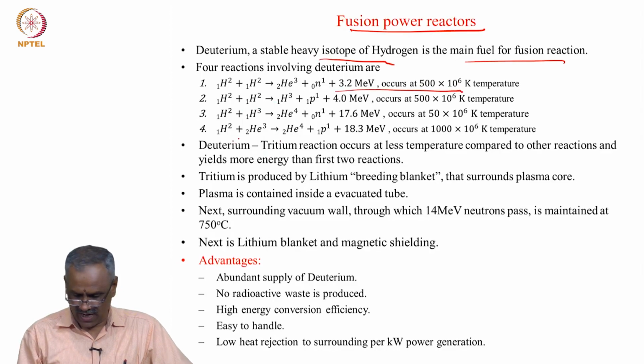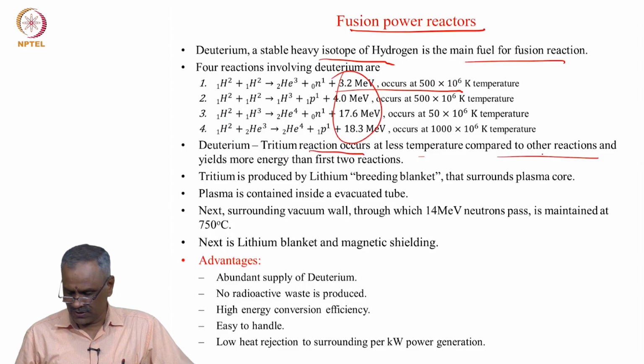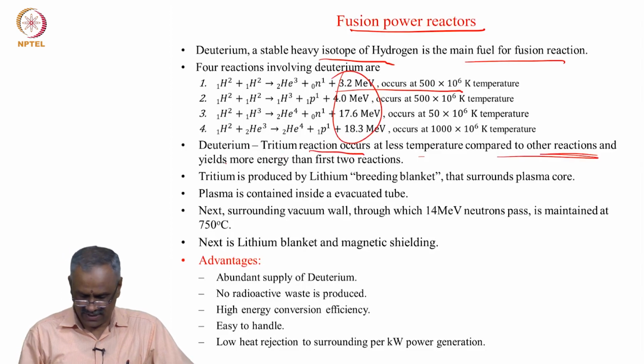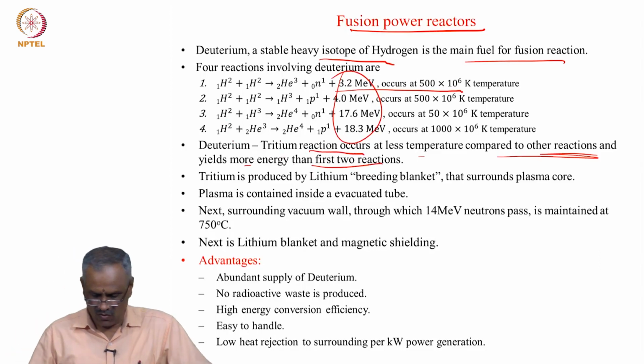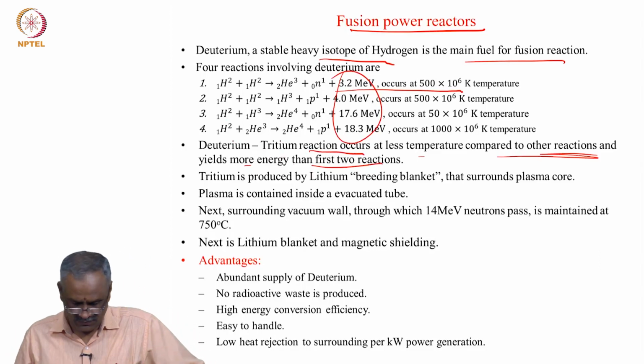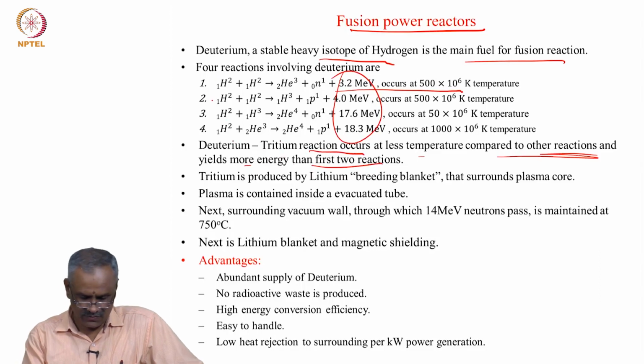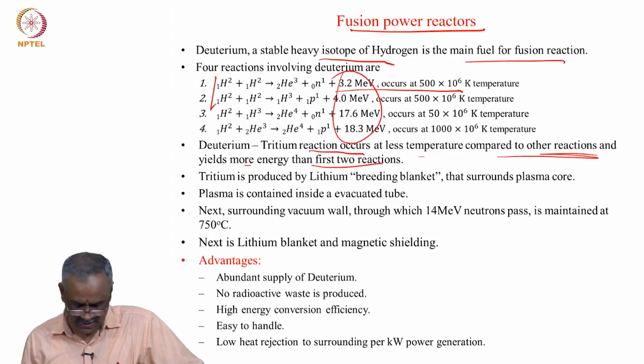There are 4 reactions occurring at different temperatures with 4 different energy levels. The deuterium-tritium reaction occurs at a lower temperature compared to the other reactions, and it involves more energy than these 2 reactions.